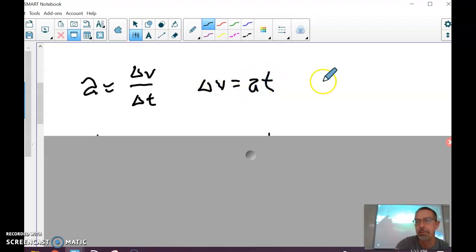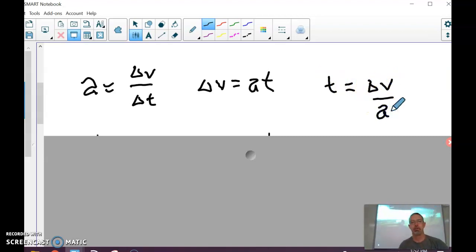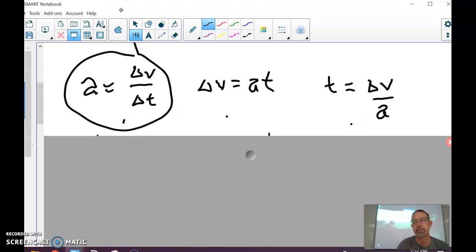And as a third equation, we get time equals my change in velocity divided by my acceleration. So you get 1, 2, 3 equations for the price of 1. If you feel comfortable just writing in 1 equation, putting that in your toolbox and knowing that you can adjust it to those 2, that's all fine and well. But if you feel more comfortable putting all 3 down, please do that as well.